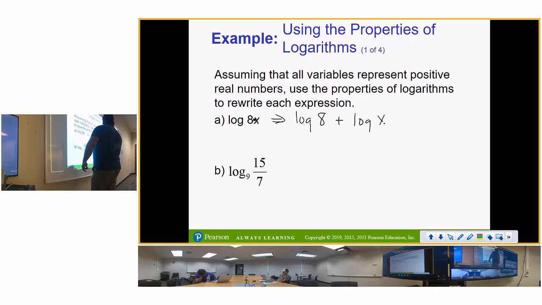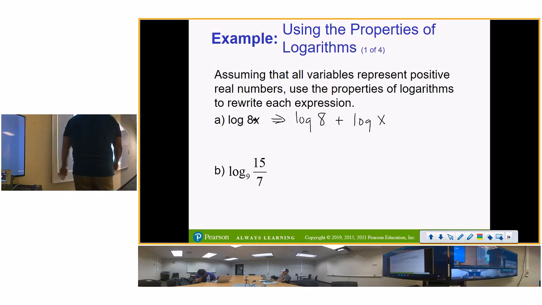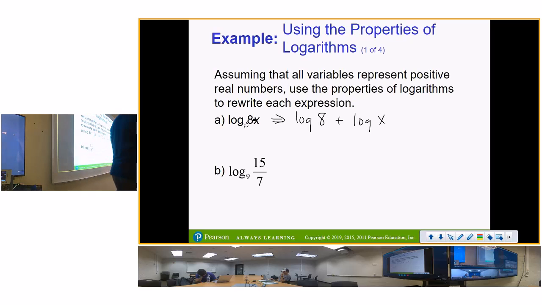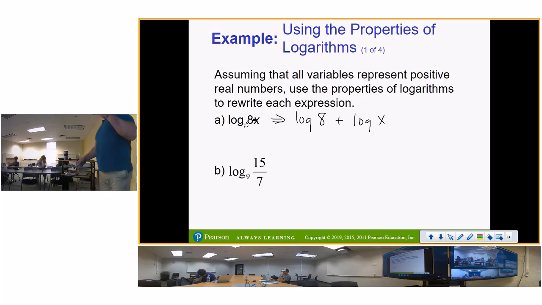Log of x. Isn't that base 10? Yeah, because if there's nothing there, it's assumed to be what? 10. And I showed y'all that the other day. I think we went over that. Now you're talking, when I got the definition of a logarithm, you're talking 30% of your test.